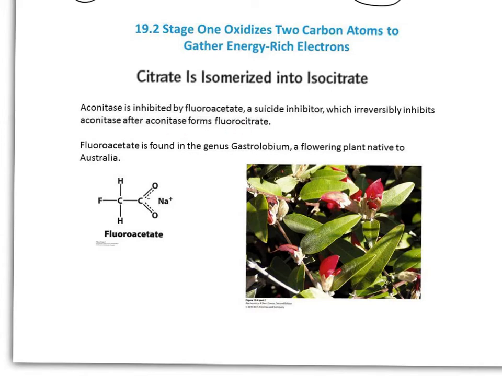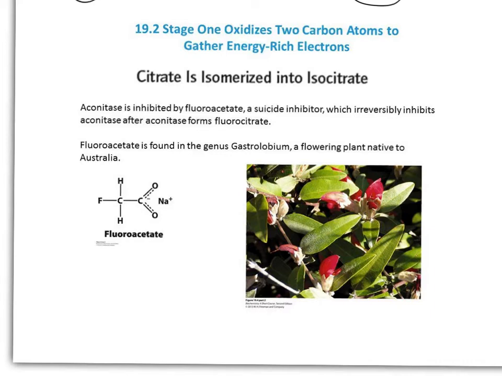It's a really interesting side reaction that creates this fluorocitrate that then leads to death of the enzyme. And obviously this would be a pretty potent poison for the organism as well, because if you don't have aconitase working, you're in a world of hurt.